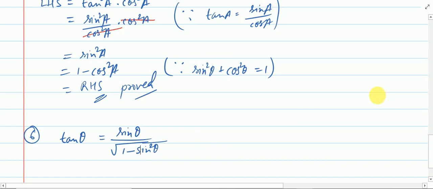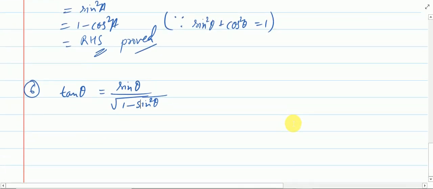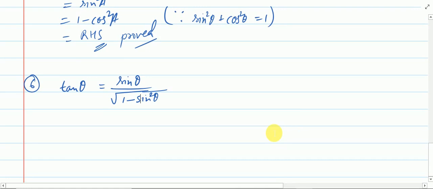In this case you can see that the right hand side involves more terms than the left hand side. So it would be advisable to start with the right hand side. It's not necessary that we always take the left hand side and show it equal to the right hand side. You may take any side, whichever you are comfortable with. So here let us take RHS.